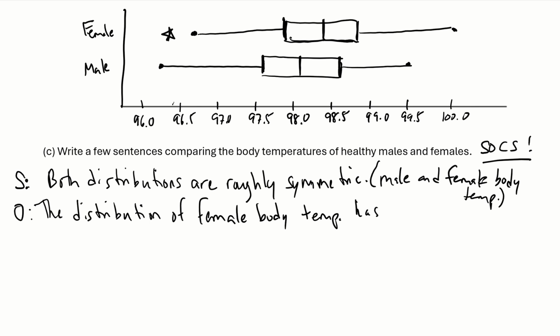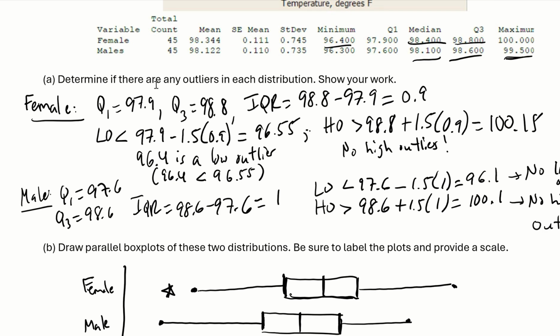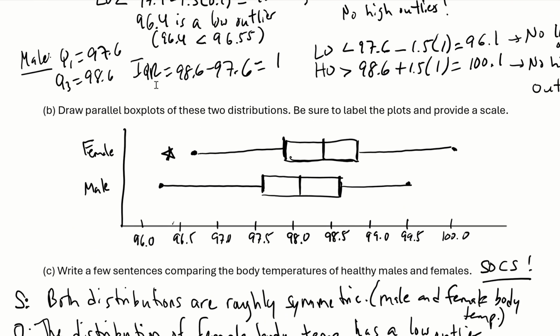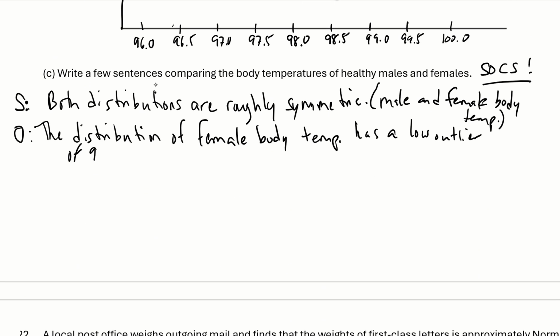So we'll go ahead and put that, has a low outlier of, and then what was that temperature? It was 96.4 degrees, right? So 96.4 degrees Fahrenheit. Okay, again, context, units, things like that.